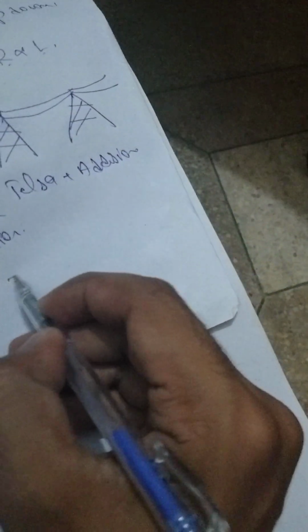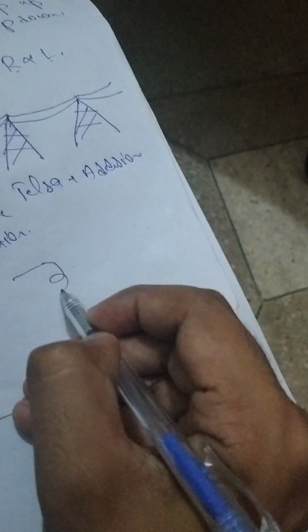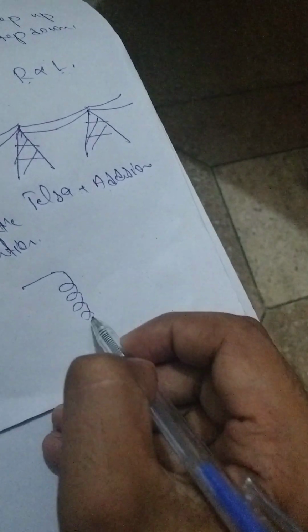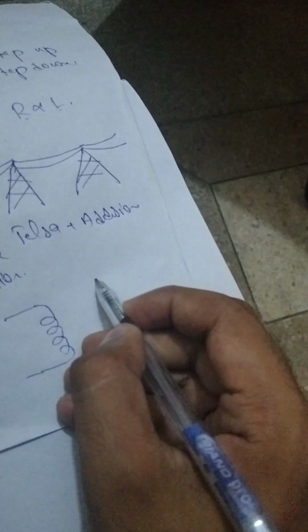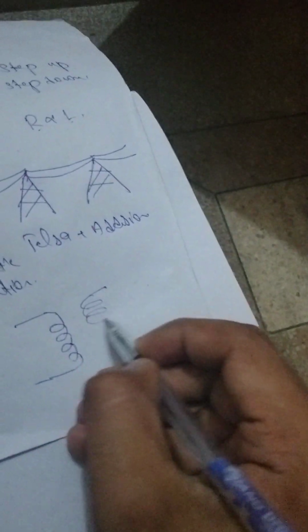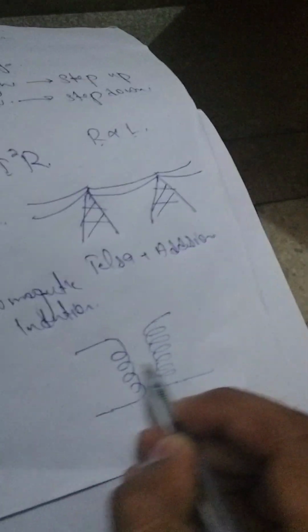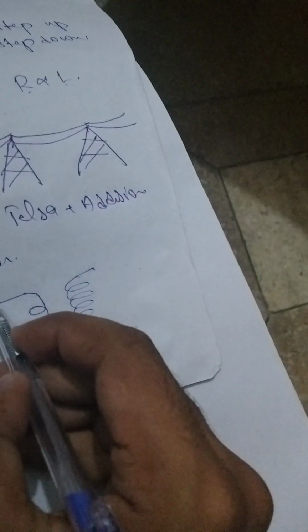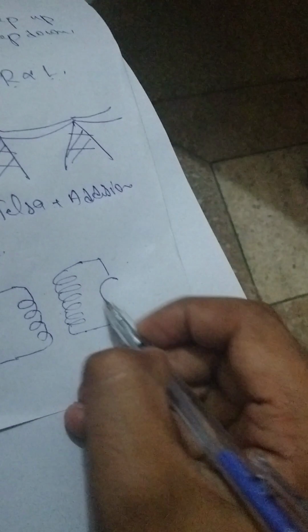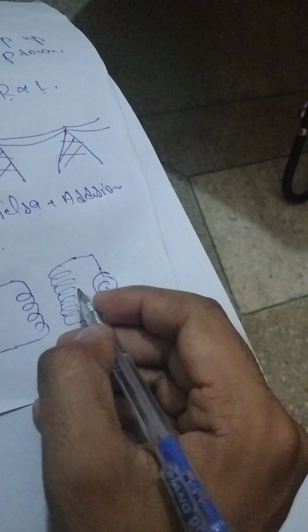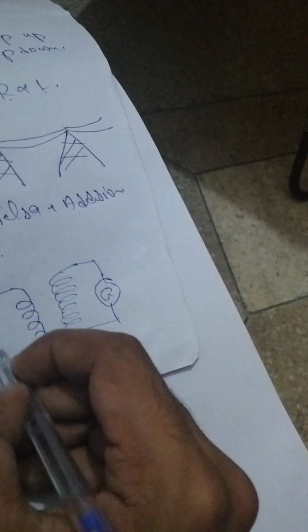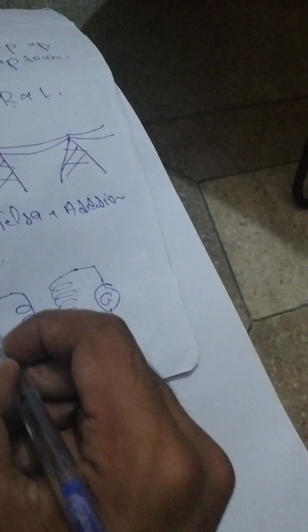So let's suppose we have a coil. Let's say we have a copper coil and another coil that we placed at some distance. Please do note that there is no physical contact between both of the coils, and we connect a galvanometer to one of the coils and an AC source.